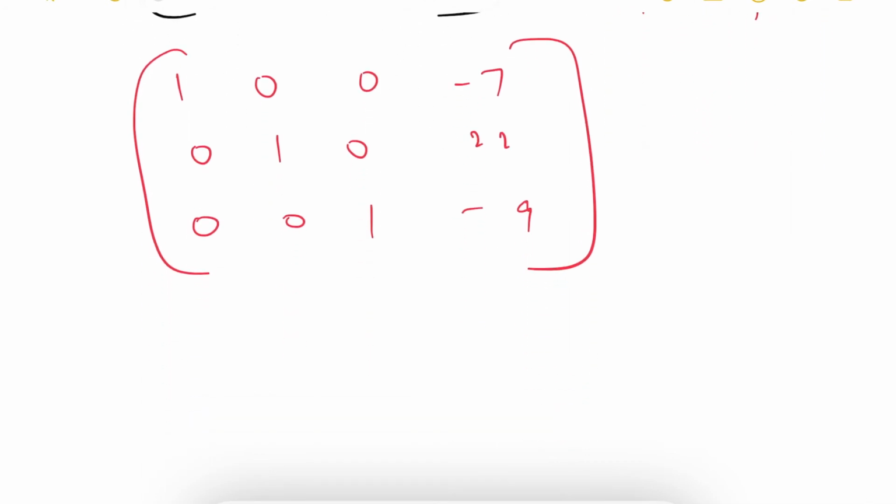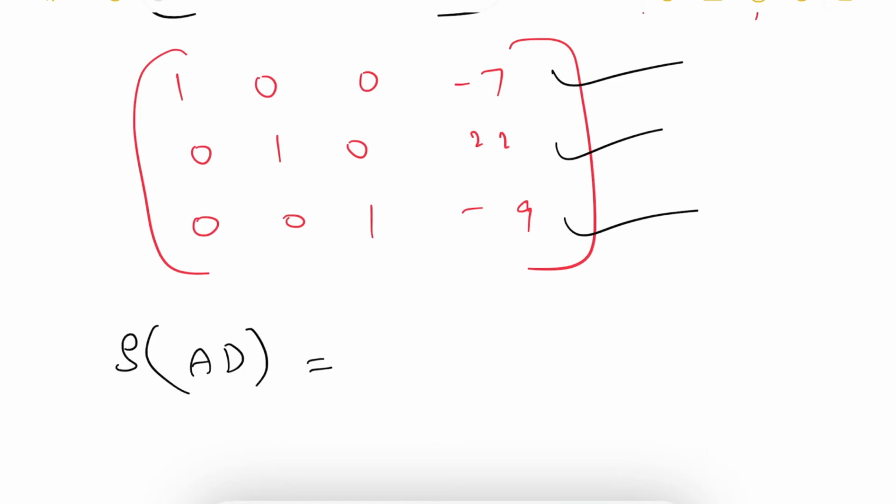Okay, now if we observe how many non-zero rows there are: this row, all elements are not zeros; this row, all elements are not zeros; this row, all elements are not zeros. So 3 non-zero rows are there. That's why the rank of the augmented matrix is equal to 3.